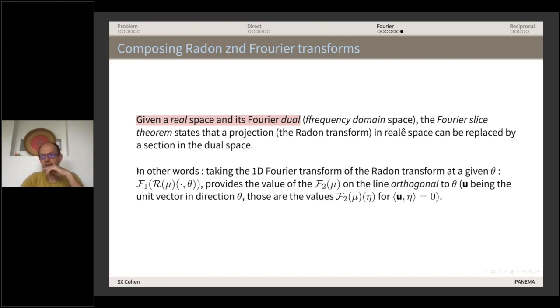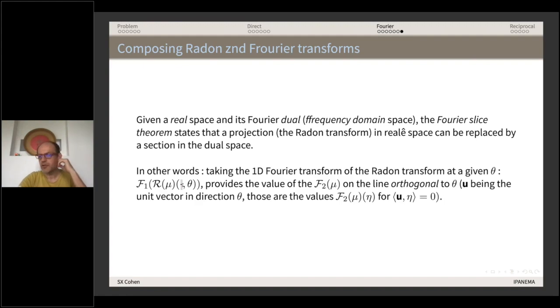If you put it in other words, if I'm taking the 1D Fourier transform, and that's how you do the computation, and again, the computation is the easy part. The difficult part is to make sure what the conditions are for all the integrals that we write to hold properly and behave nicely. But if I'm taking the 1D Fourier transform of a Radon transform at a given theta, so basically I have my mu function, I'm applying the Radon transform, and the Radon transform for a given theta is basically a function of a single real variable.